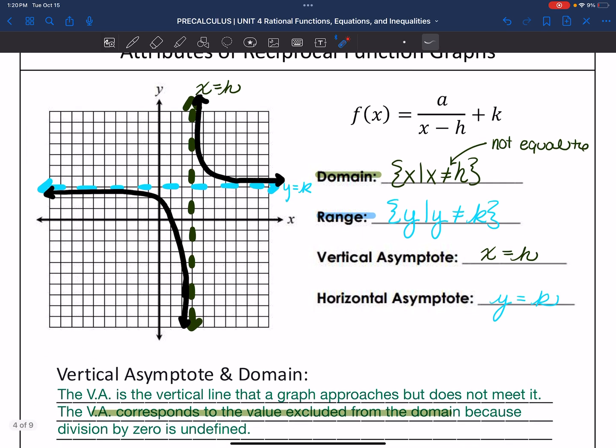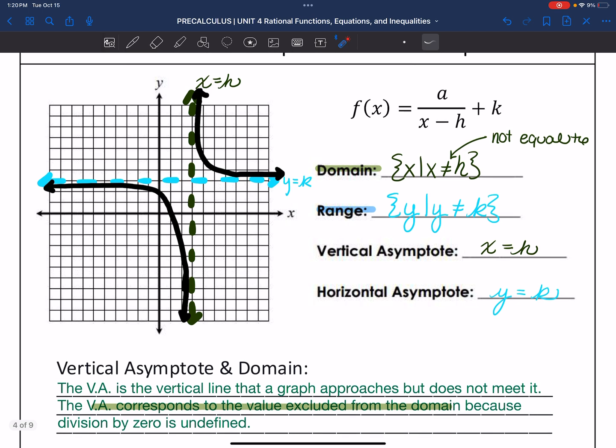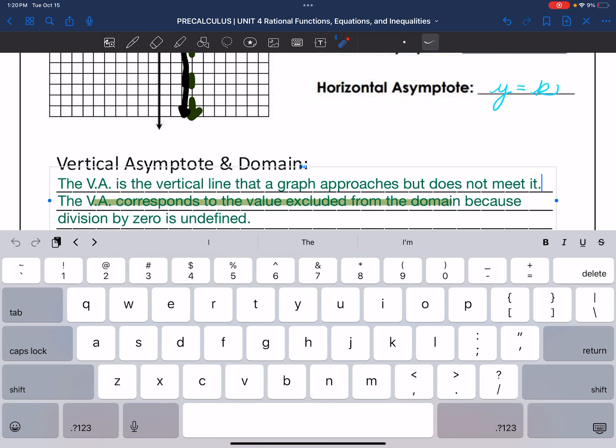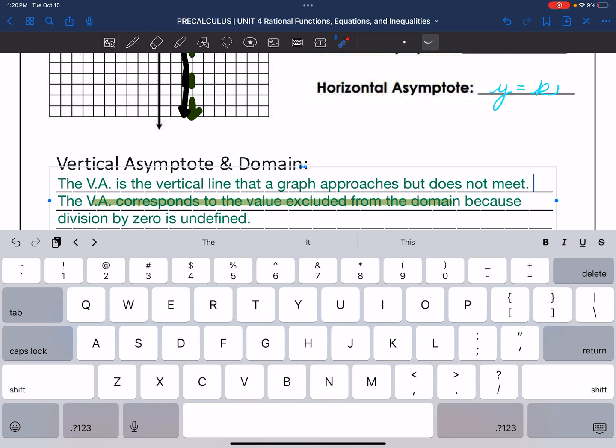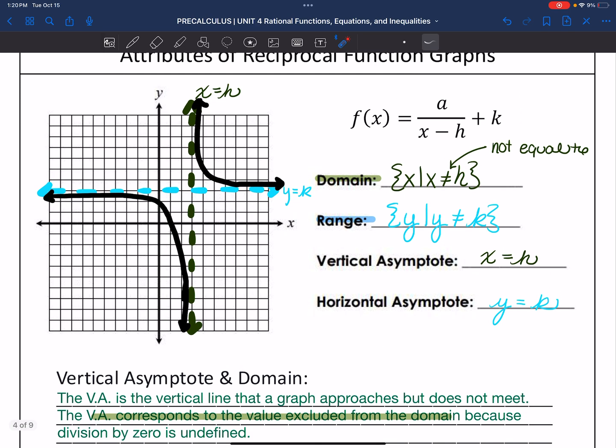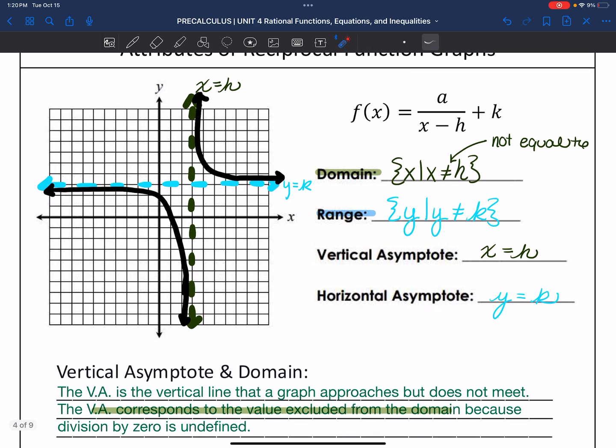Here's a big idea that I want you to take a moment to write down. The vertical asymptote, which I abbreviate VA, is that vertical line that a graph approaches but does not meet. The vertical asymptote corresponds to the value that is excluded from your domain.